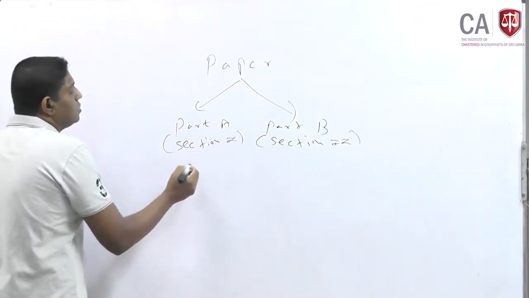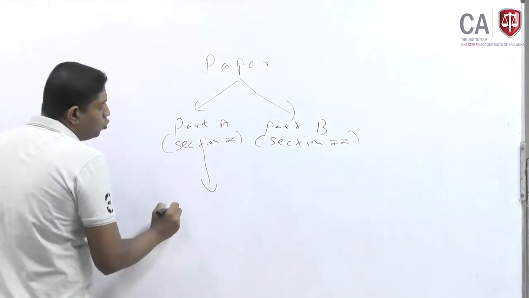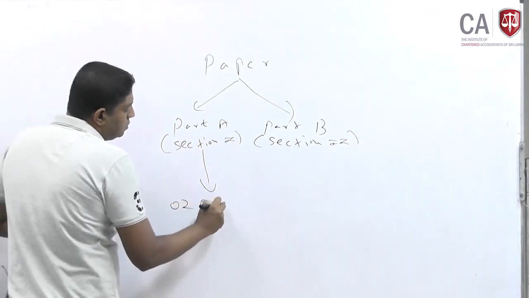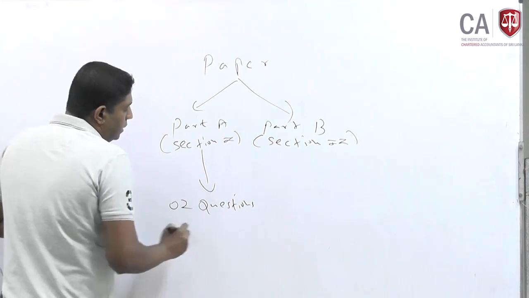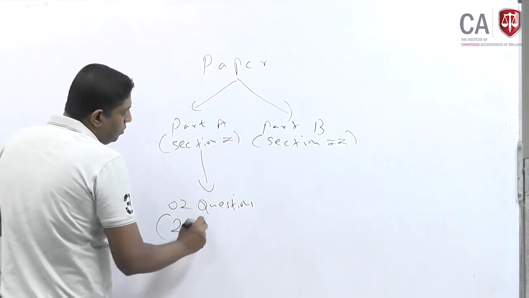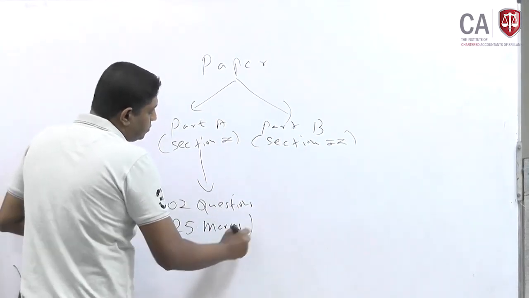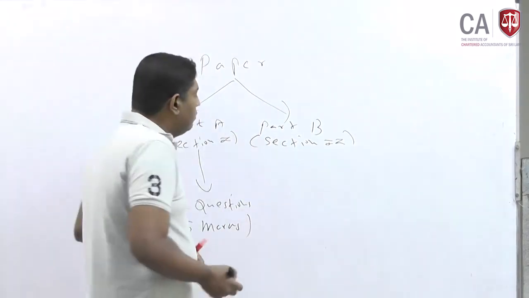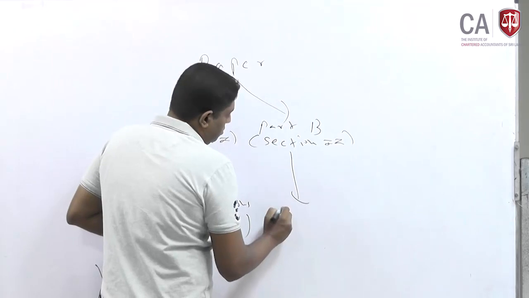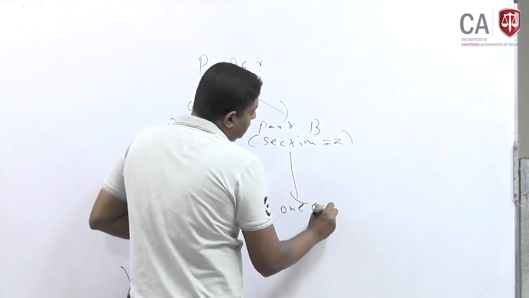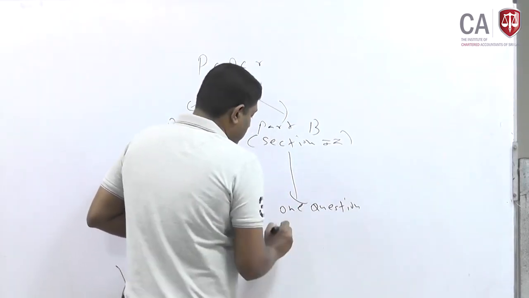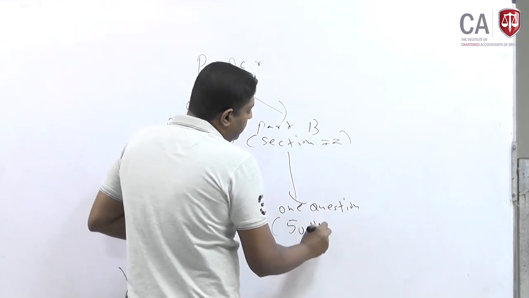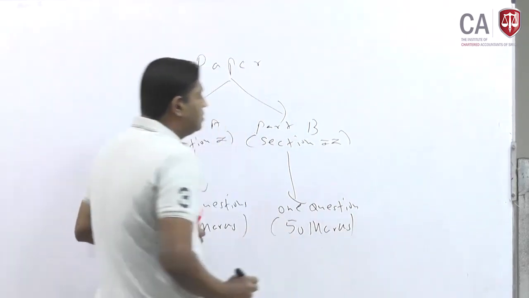Section 1 consists of two questions, each question carrying 25 marks. Then Part B includes one question, carrying 50 marks.